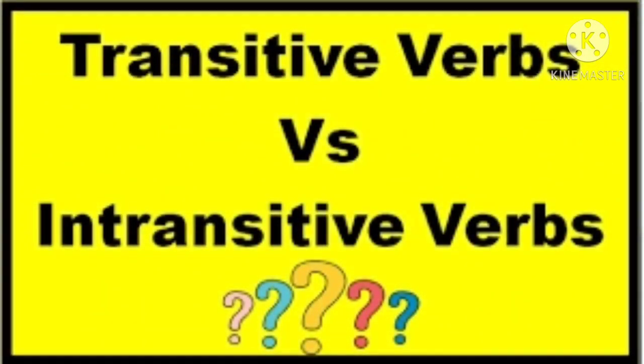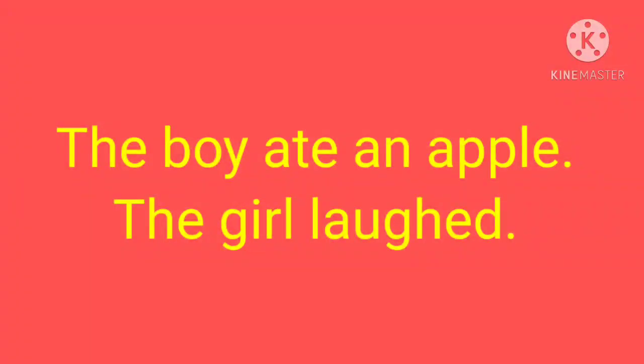Now students, have a look at transitive verbs and intransitive verbs. To understand the terms transitive and intransitive, let's have some examples. With the help of examples, you can understand it in a better way. Here on the screen you can see two sentences. The boy ate an apple. The girl laughed.